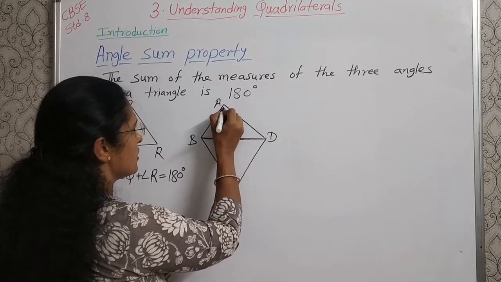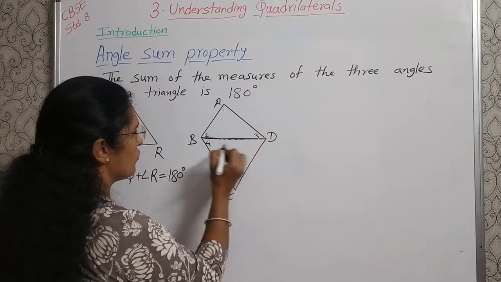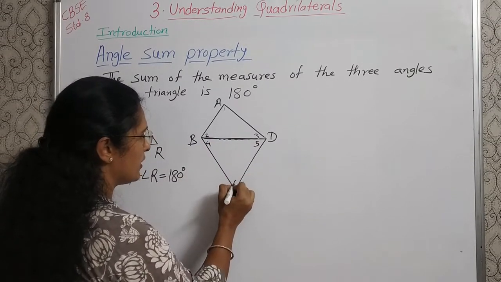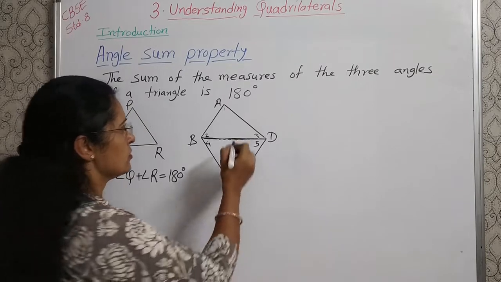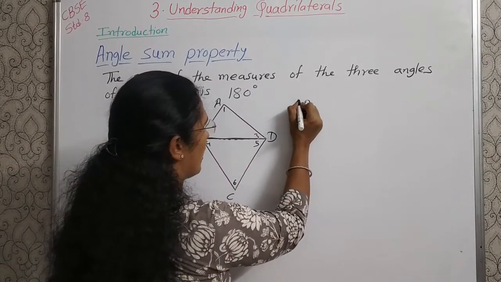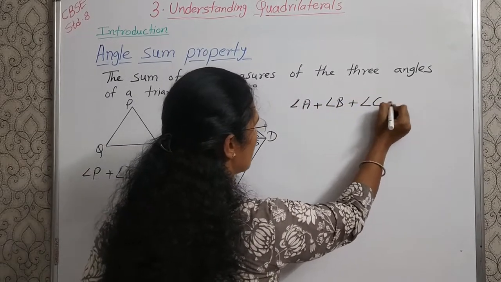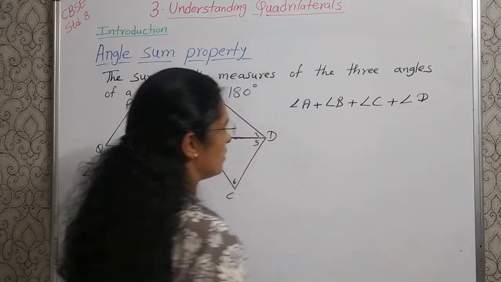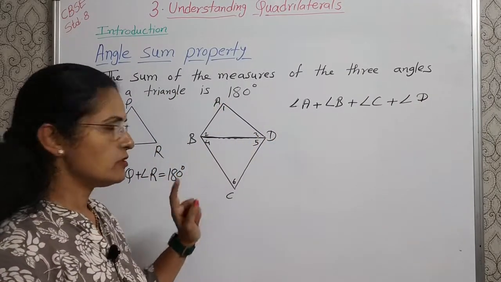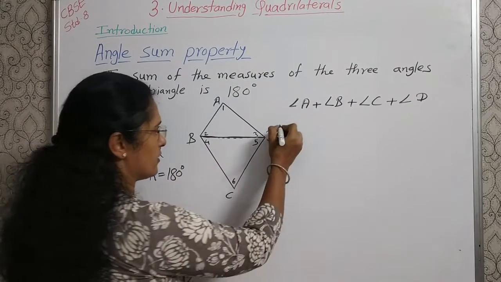So here this is angle 1, this is 2, 3. Next 4, 5 and 6. Now see, we know that angle A plus angle B plus angle C plus angle D, if you add these 4 angles, we can find the sum of the 4 angles of this quadrilateral.